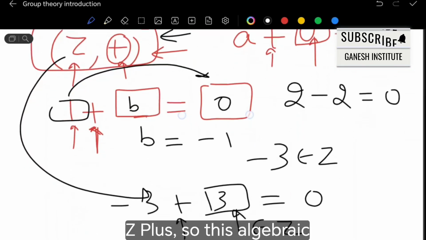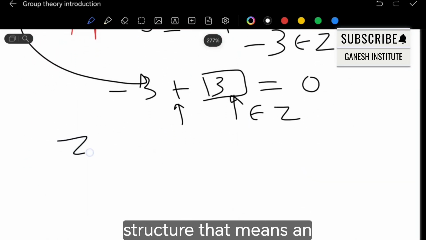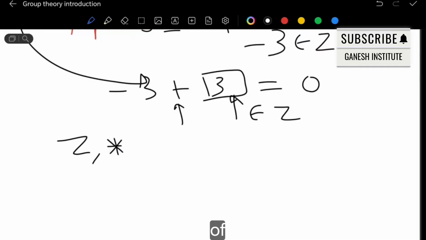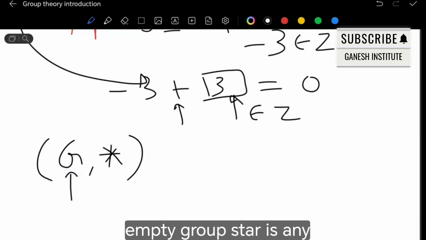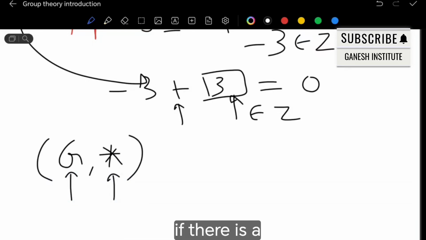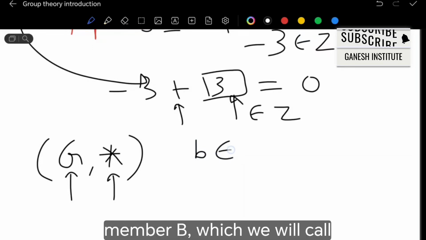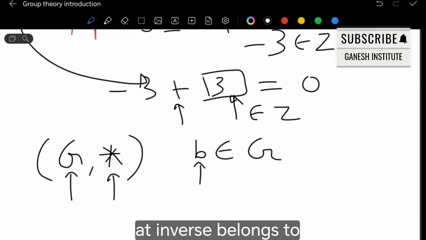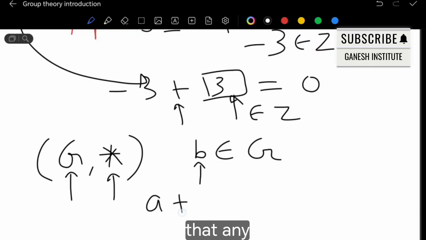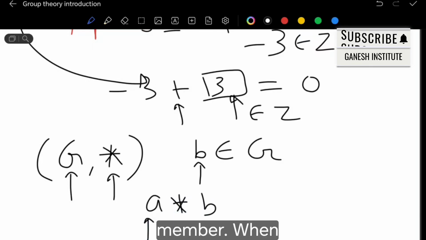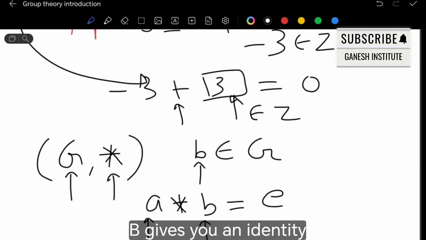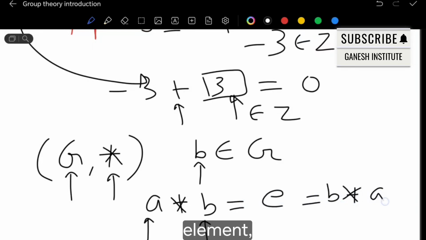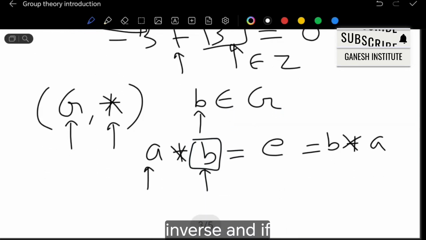So for an algebraic structure of the form G star, where G is a non-empty set and star is any operator, if there is a member B, which we will call the inverse, belonging to G, such that any member when operated with B gives you the identity element, then that is called the inverse.